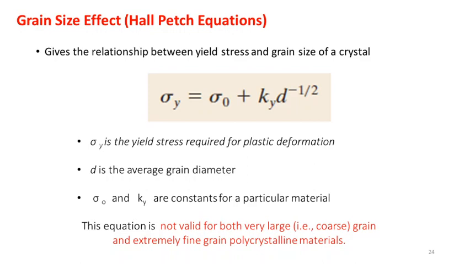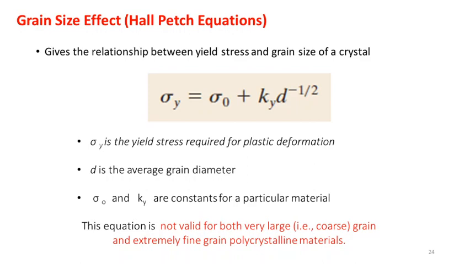The reason is, as the size of the grain decreases, which means smaller or finer grains, the grain boundaries will be more. Within a particular volume we will have more grains, which means more grain boundaries.